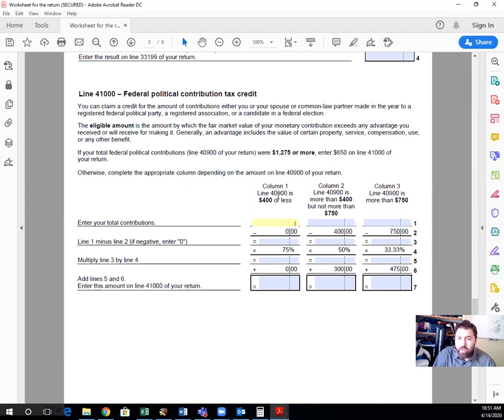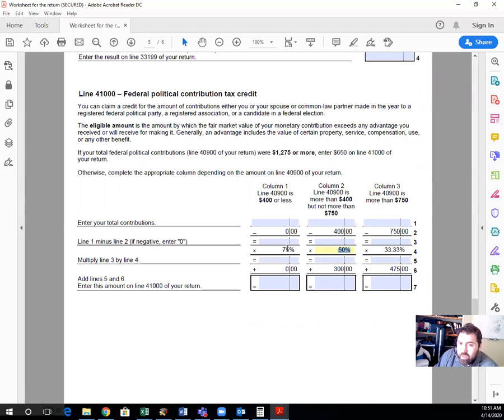So column 1, line 40900. If your contribution is 400 or less, then you get a 75% credit. So any contribution up to 400 is going to get a 75% tax credit. And then any amount after that would be less, so any amount from 400 to 750, the additional $350 on a contribution up to 750, would be a tax credit of 50%.